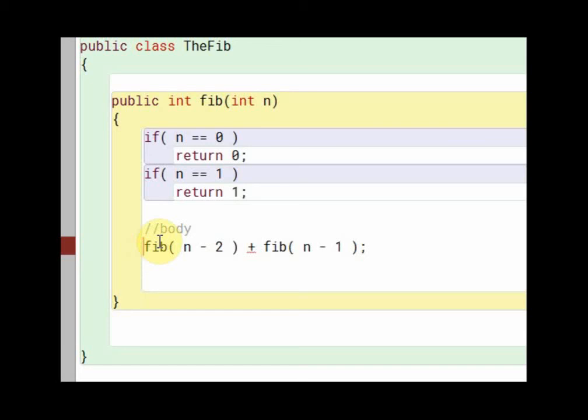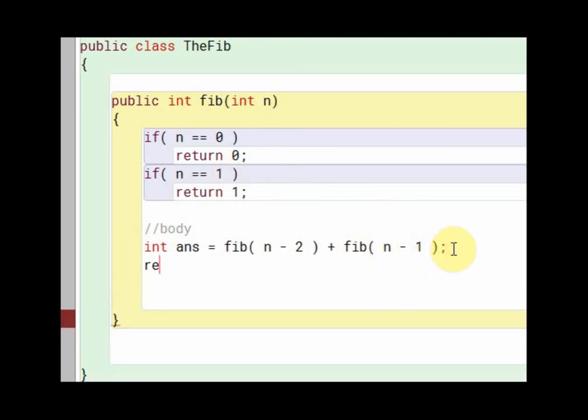And this is our answer. We could just put return and return that, but I'm going to separate it into two lines. After we calculate our answer, we simply return the answer. That's pretty much all there is to the Fibonacci number. I'm going to make this static so I can test this out and see if it does what it's supposed to do.